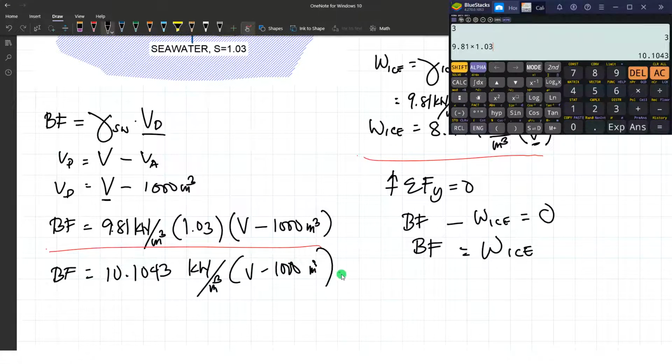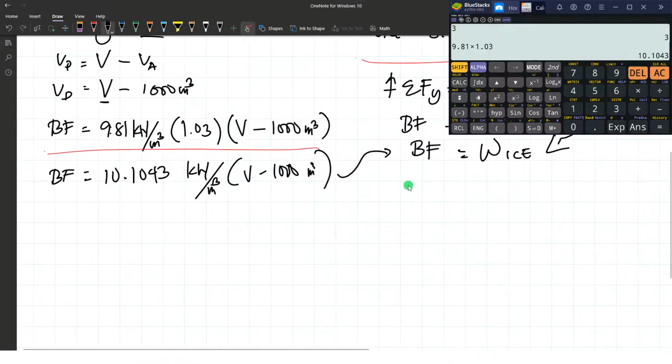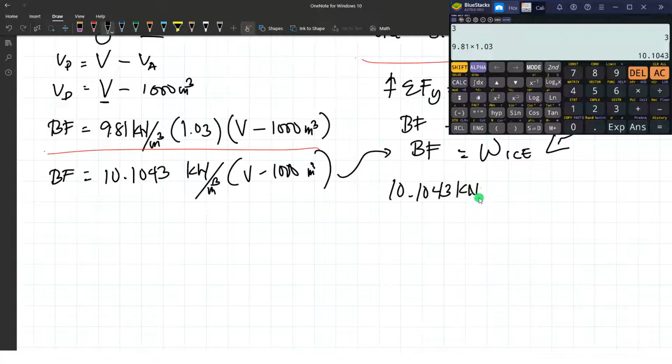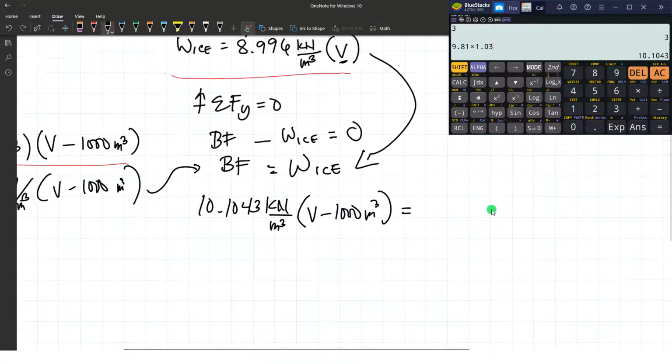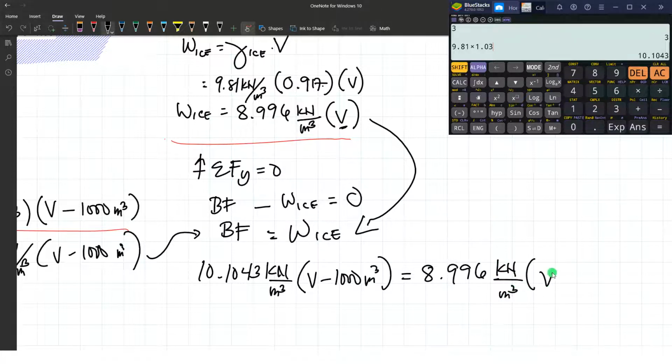So substituting that here, and the weight of the ice right here, we have 10.1043 kilonewtons per cubic meter by V minus 1000 cubic meters is equal to 8.996 kilonewtons per cubic meter multiplied by V.